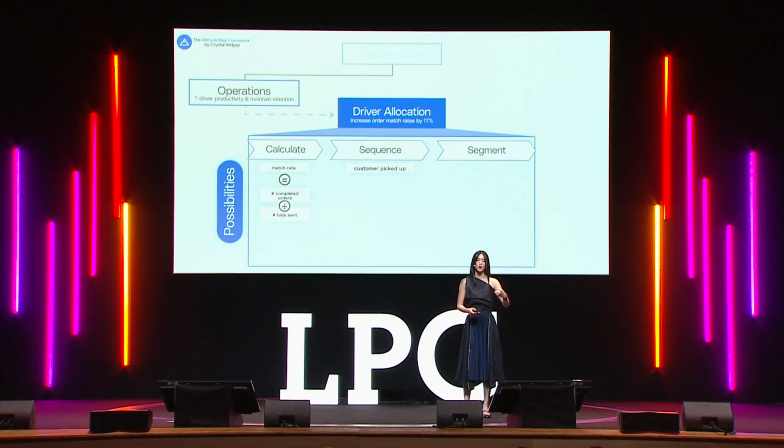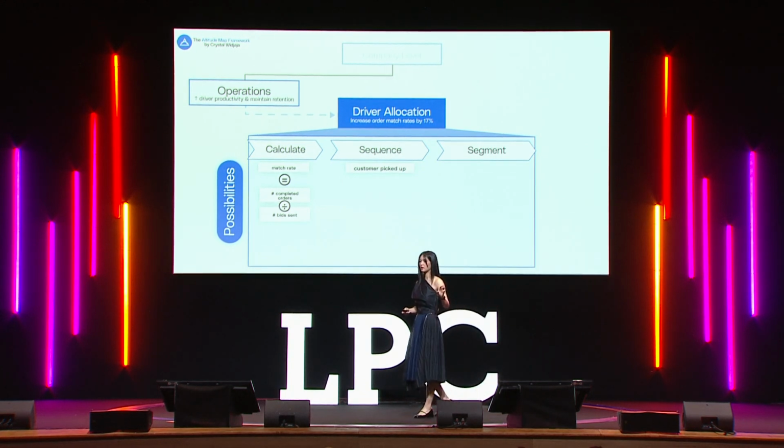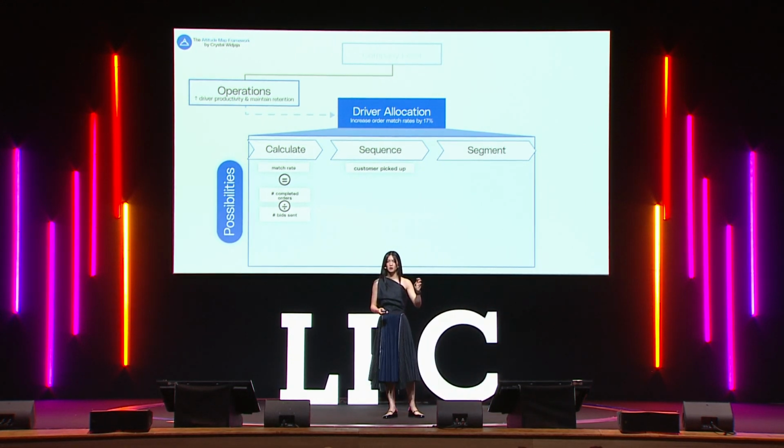And the second piece is sequence. This is taking a lens of the product and working our way backwards. For an order to be completed, the first part of our calculate equation, what needs to happen in the product experience?